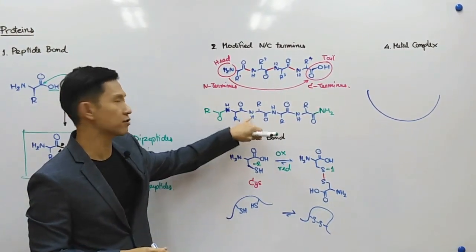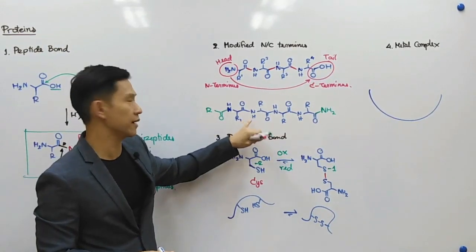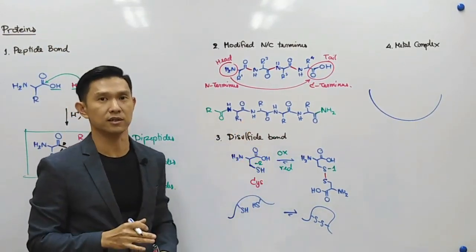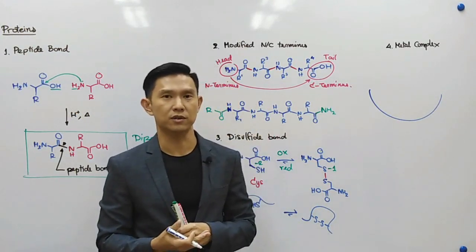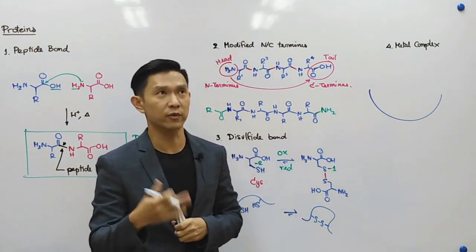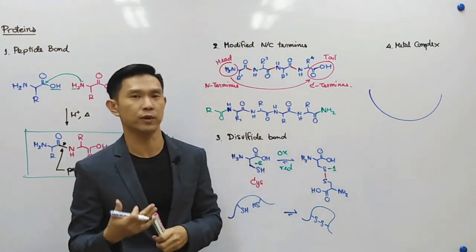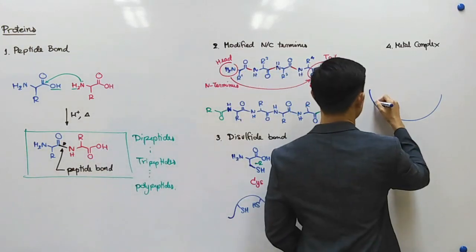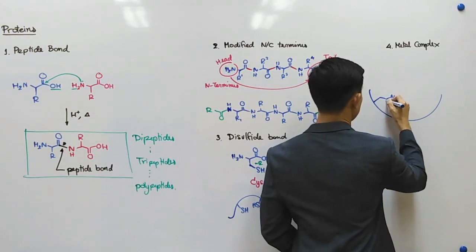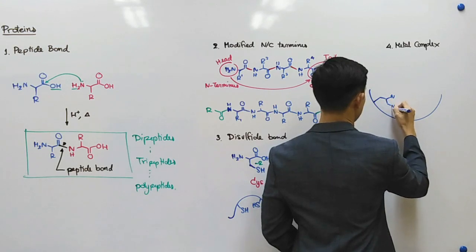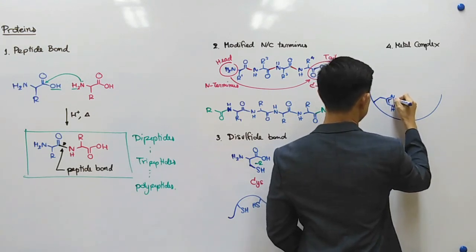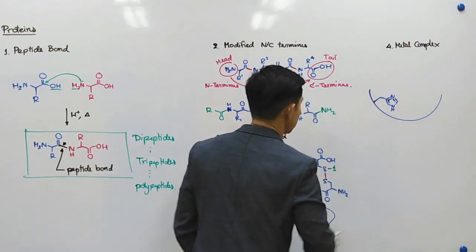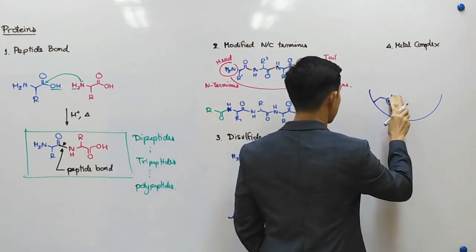Sometimes it's not the nitrogen here in the amide, because the amide nitrogen is quite inert, right? One of the amino acids which is very labile, very reactive with metal ion, is like this one. Oops. It is this one.